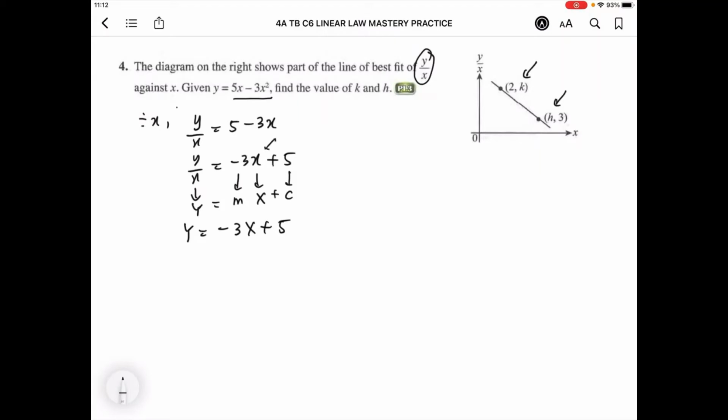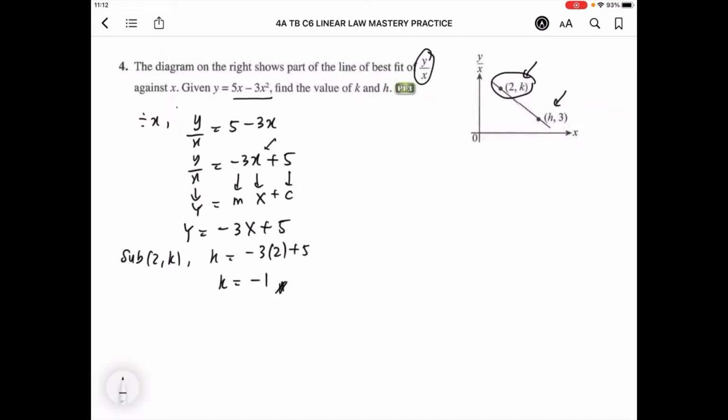And what do you think is the easiest way to solve h and k? Well, we can take this coordinate and we sub inside. Your big Y is now k, your big X is now 2, so k is negative 6 plus 5, negative 1.